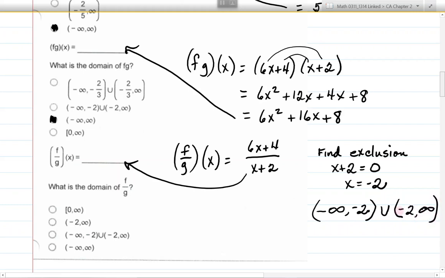This might seem odd, but what it's really saying is, if this is the real number line, from -infinity to -2 is here, and then on the other side of -2 to positive infinity is here. This is, in interval notation, how you express that there is a gap at -2. So the domain here is right there.